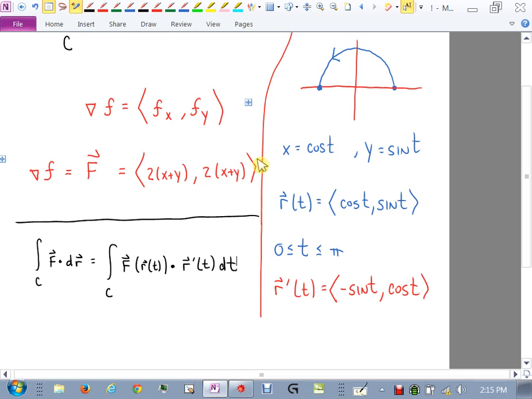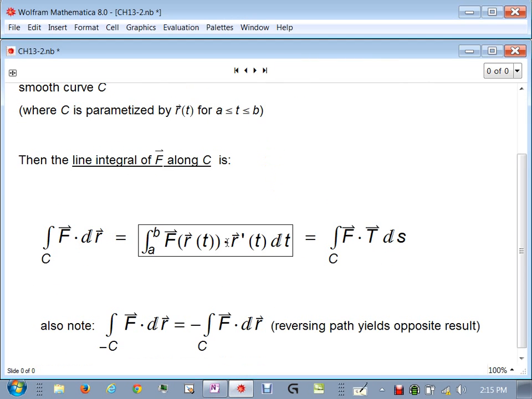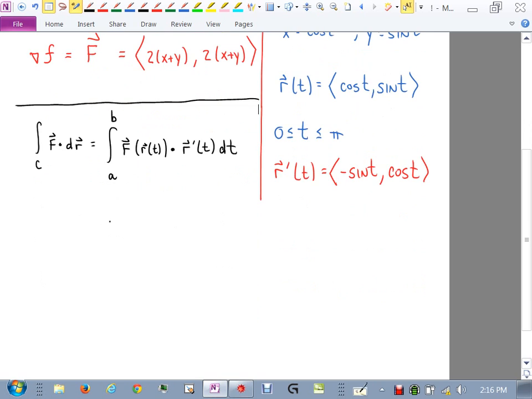That was the formula I had boxed, this one right here. Now, I should put a to b instead of over c. Sorry, let's change that. Even though I know what a and b are right now, I'm just going to put a, b. So let's plug into this formula. A to b for us is 0 to pi.